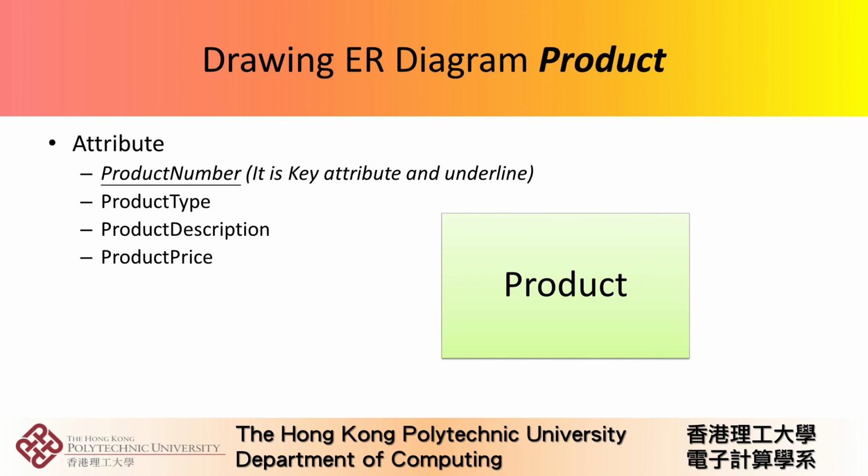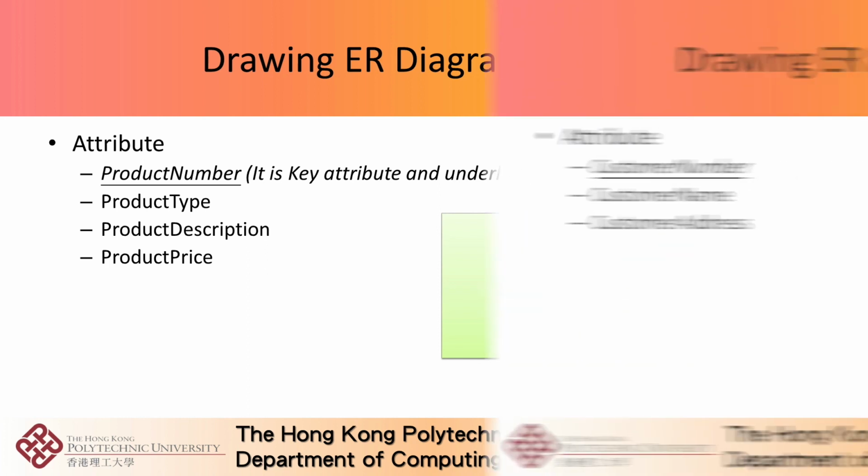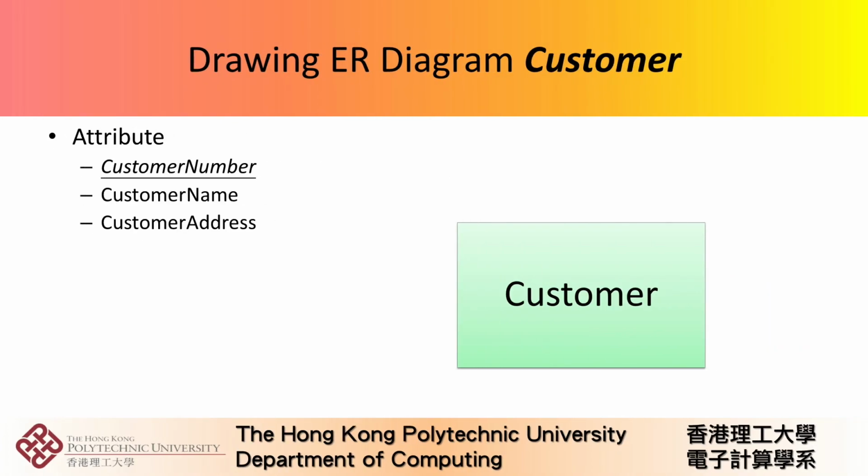They include product number, which is the key attribute and should be underlined, product type, product description, and product price. The attributes for the entity customer should be customer number, which is the key attribute, customer name, and customer address.